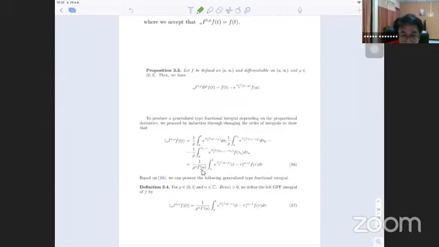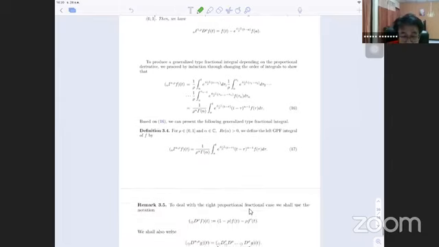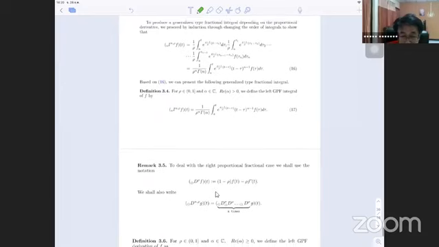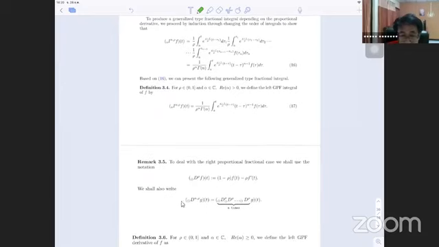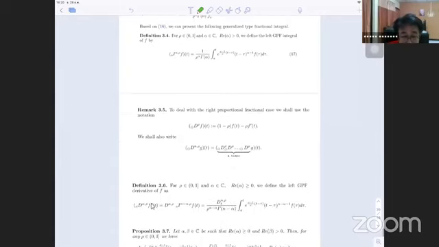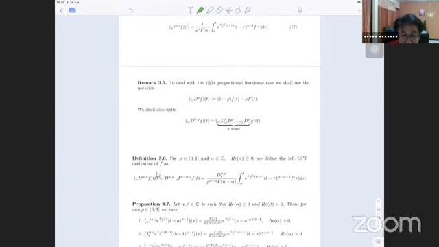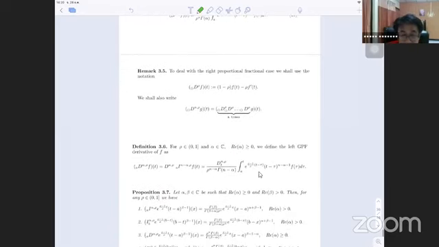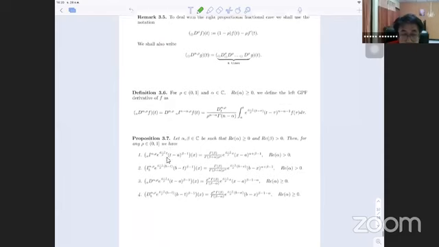So for arbitrary order, they get this formula and they define the derivative and the n time derivative, and they get this formula. And this is some properties.